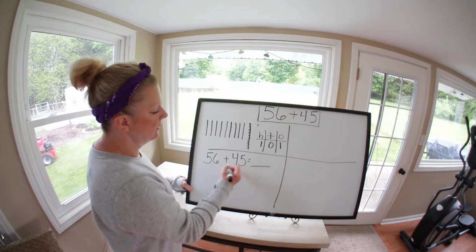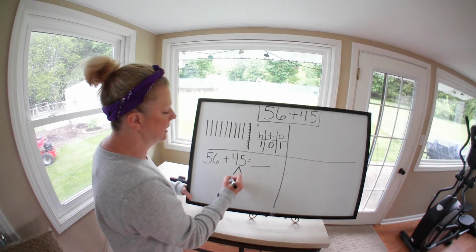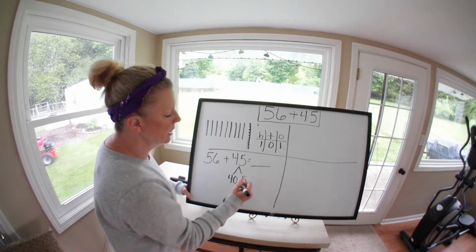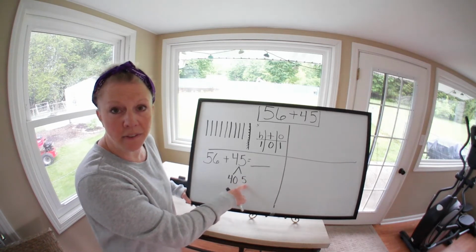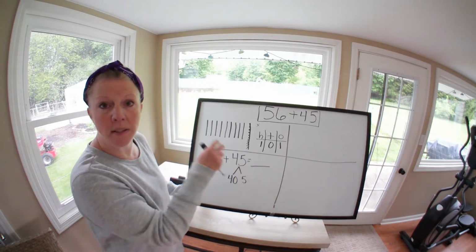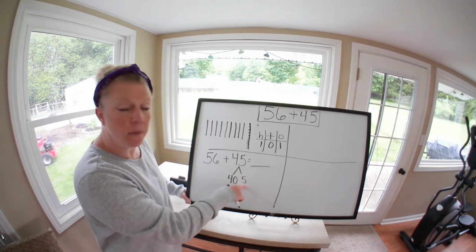So 45 is smaller than 56. So we're going to break this down into tens and ones. So I want you to hear it. 45. Do you hear it? And if we look here, we know there are 4 tens, 10, 20, 30, 40, and then 5 ones.